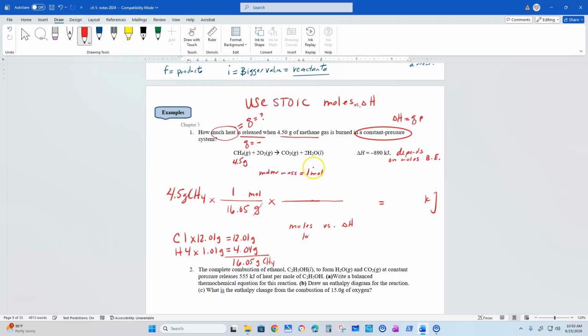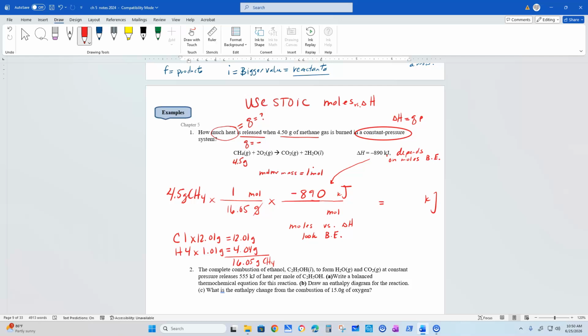Well, now this is when you look at that balanced equation at the moles. So remember, I have moles. I want to get rid of moles here, and I need to get to heat, which means I need to get to kilojoules because my kilojoules is my delta H. I'm going to insert this value, negative 890, on top.